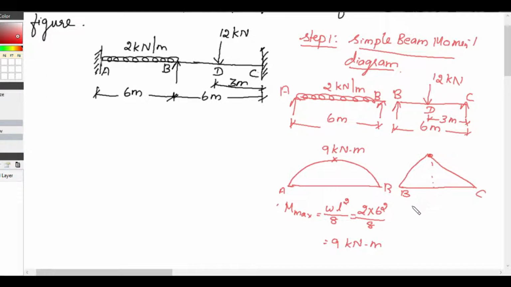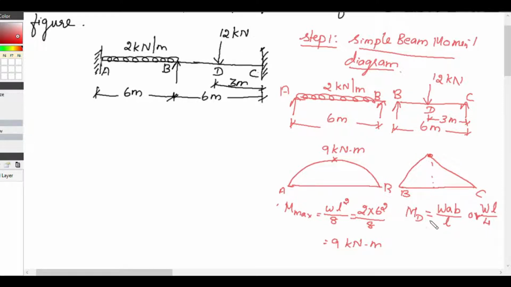So for MD you can use either W a b by L, or you can use W L by 4.